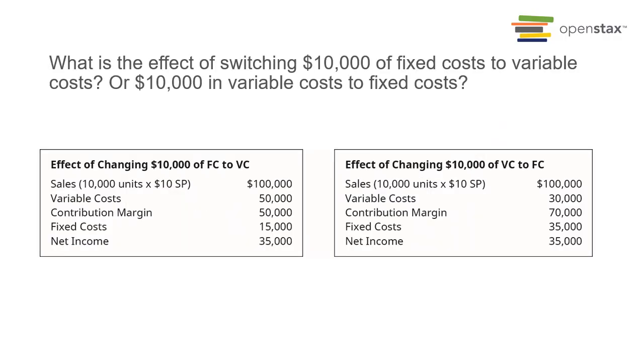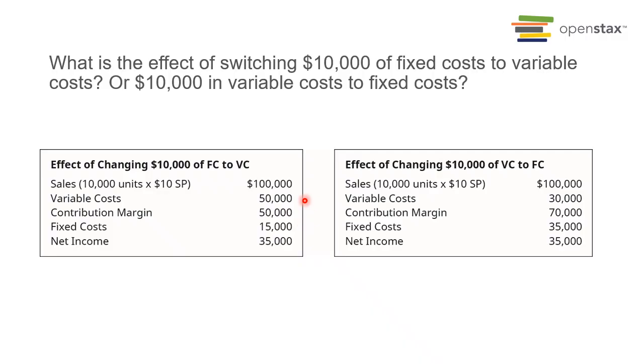If we can shift some of our fixed costs to variable costs, this can change the equation. So now we're using that sensitivity comparison that we learned about in video number 2. Here in our first example, we shifted $10,000 of fixed costs up to variable cost.